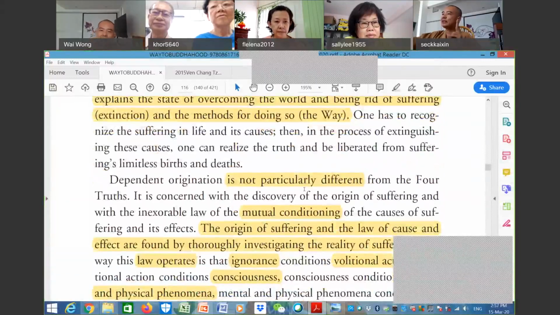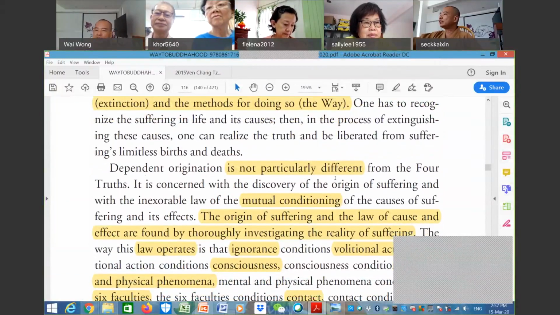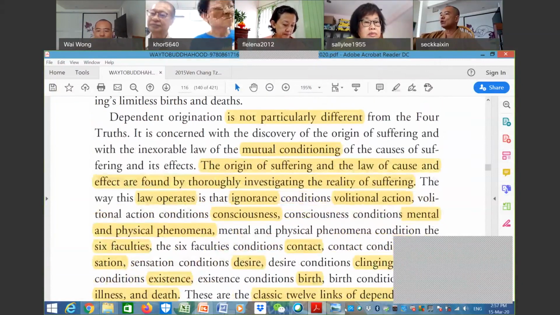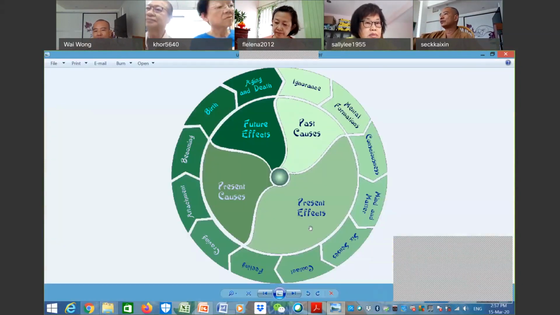Well, dependent origination is the second important thing. It's not particularly different from the Four Noble Truths. Actually, there's a similarity. Why do we say so? Let's take a look. Since you have already memorized, this is the past cause, and this is the effect.